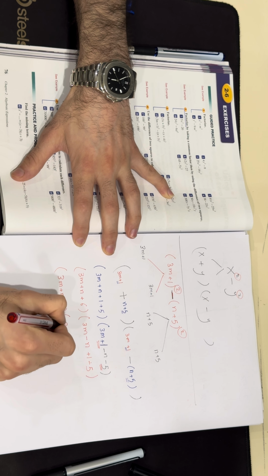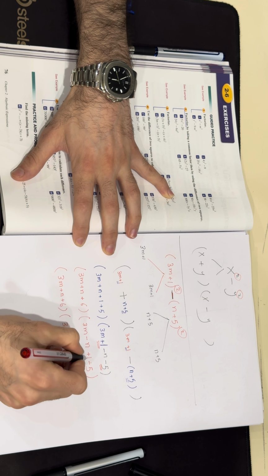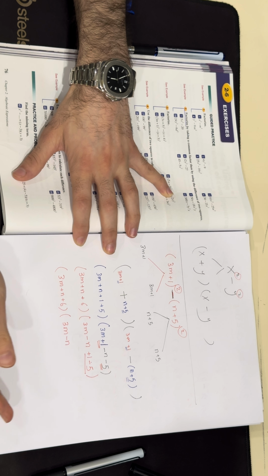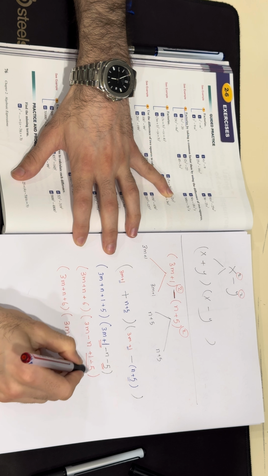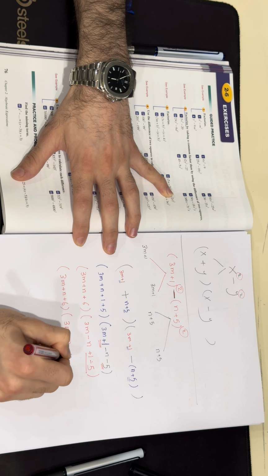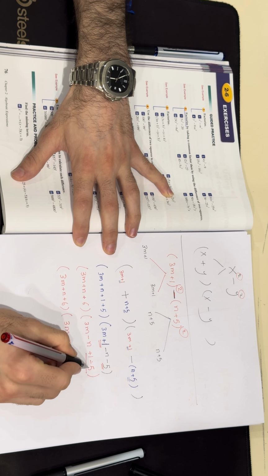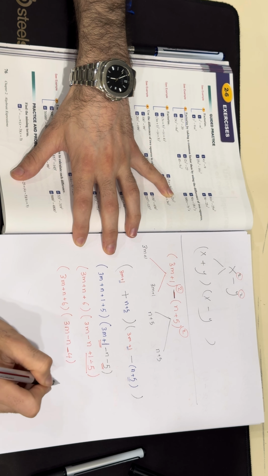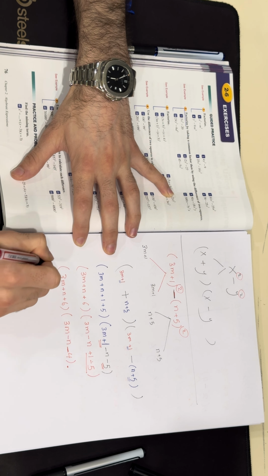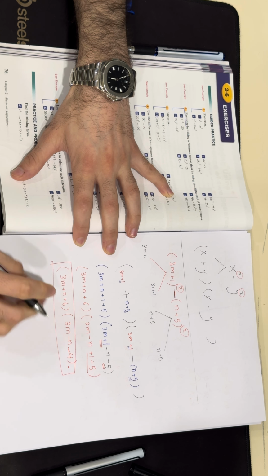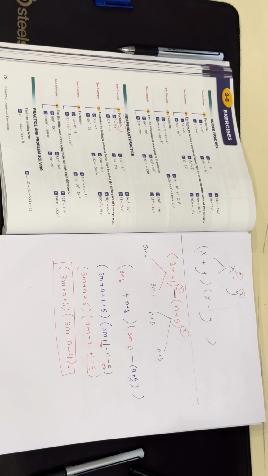Then this one will be 3m minus n. Same sign or different sign? Different sign. So I'm going to subtract. 5 minus 1 is 4. Is 5 bigger or 1? 5. What is the sign of 5? Minus. So it will be minus. So the answer is like this. We stop here. No need to open more.